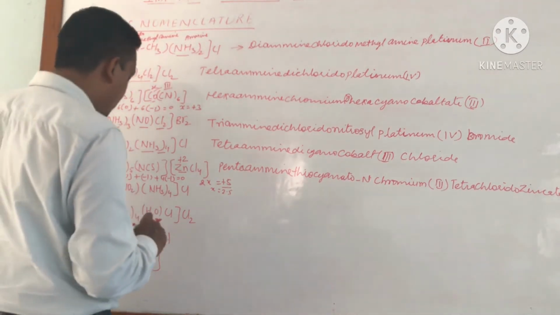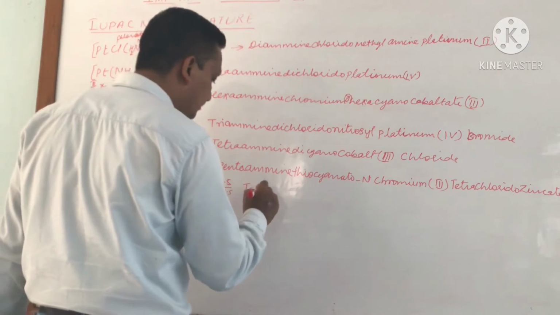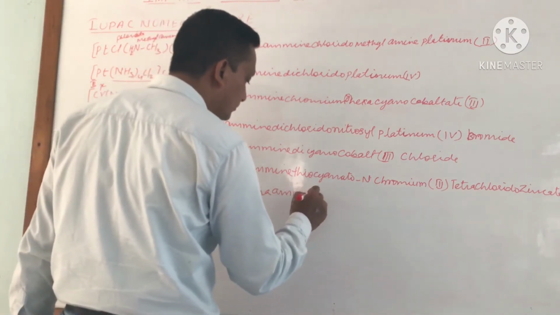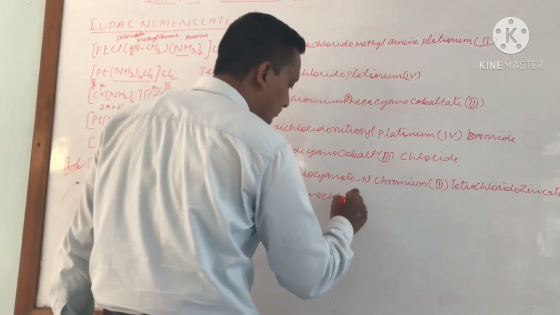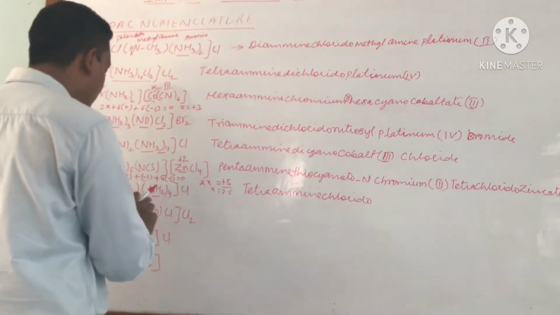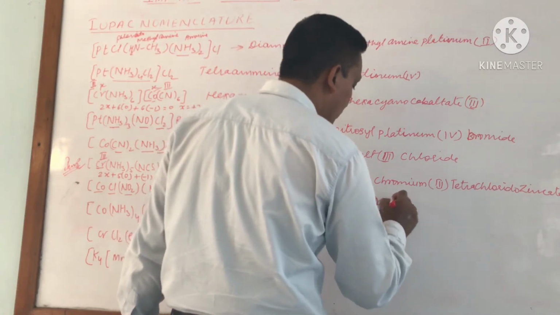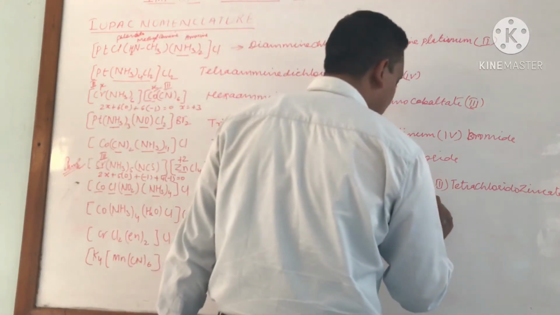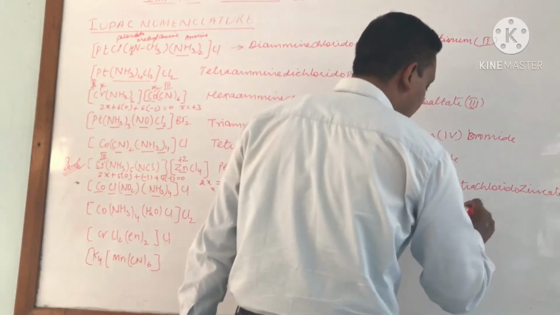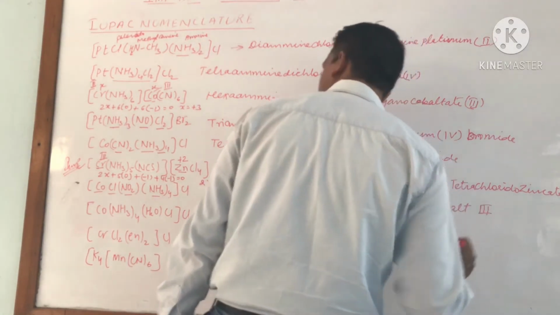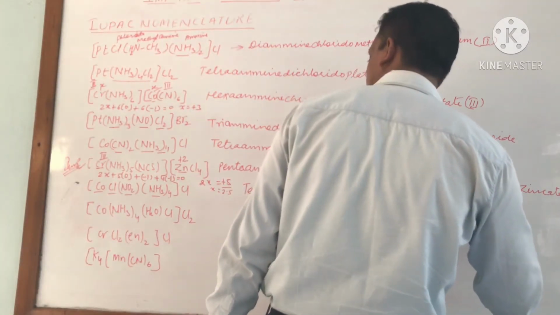Okay, so next we are taking [Co(Cl)(NO2)(NH3)4], so it would be tetraamine, then chlorido, then nitrito-N, then cobalt, and the oxidation state of cobalt in this complex would be 3, then it would be (III), then chloride.